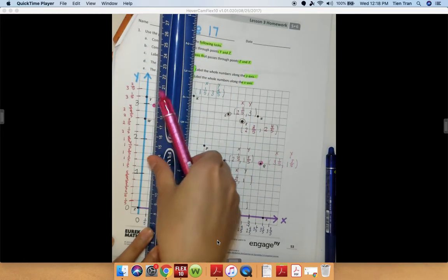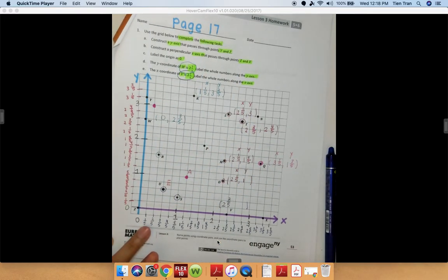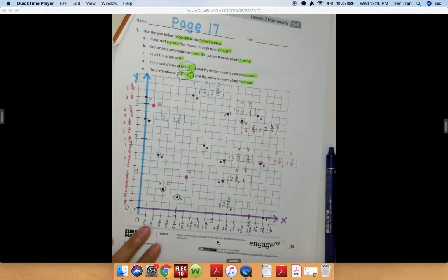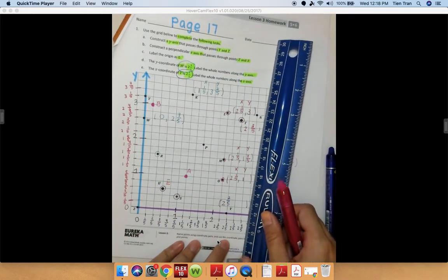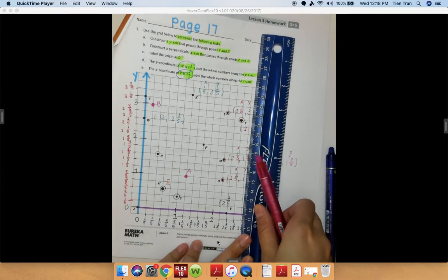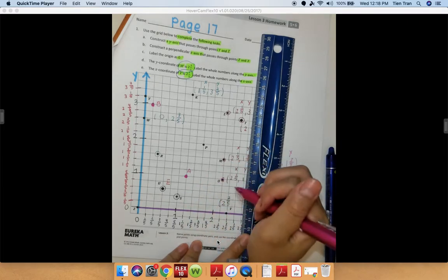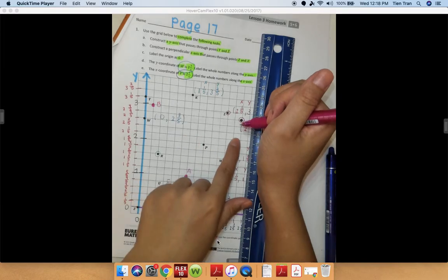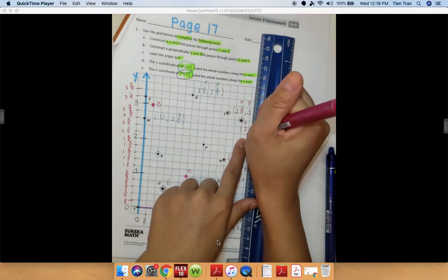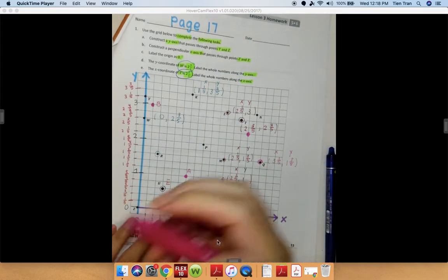So that is my coordinate for B. My next one is coordinate C, which is 2 4/5. So I'm going to move this and stop at 2 4/5. And I'm going to go up to 2 2/5. So I have 2 2/5, which is right here. So this is my next mark for C.